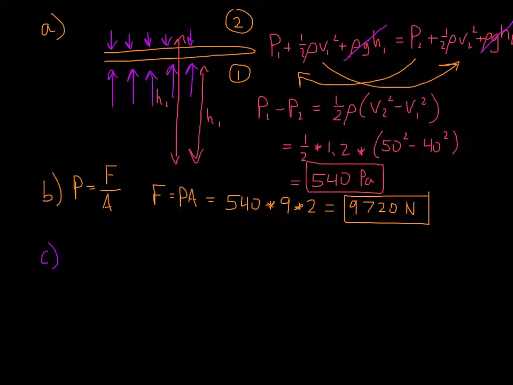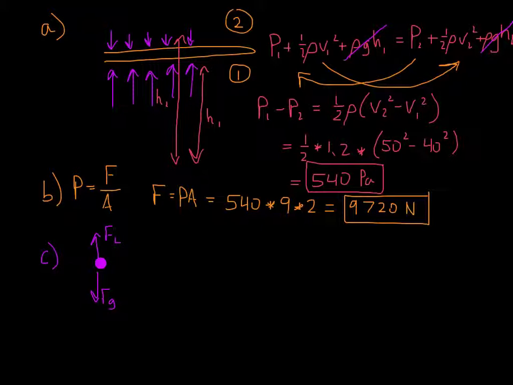And for part C, if there's no other lift on the plane, what would be the mass of the plane? So if you think of a very simple free body diagram, we can just draw a dot to represent that plane, and then we can say that it has the downward force of gravity and the upward lift force, and since the plane is not accelerating up or down, we can just say those two are equal to each other.